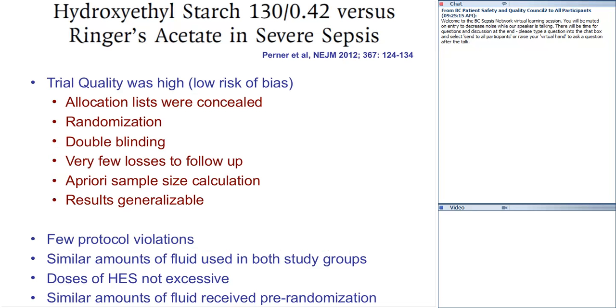Several centers in Scandinavia participated in this study. There were also few protocol violations. Similar amounts of fluid were used in both study groups. The doses of HES, or hydroxyethyl starch, were not excessive, and they received similar amounts of fluid pre-randomization. So all of these points make the data that is generated from this randomized controlled trial very robust.